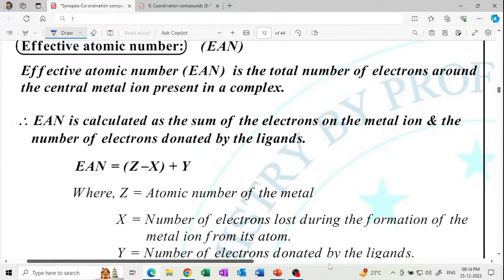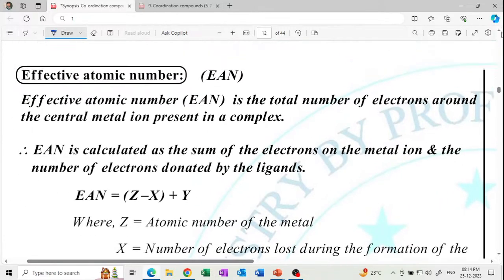Next is the effective atomic number. What is the effective atomic number? The effective atomic number is the total number of electrons around the central metal ion present in the complex.